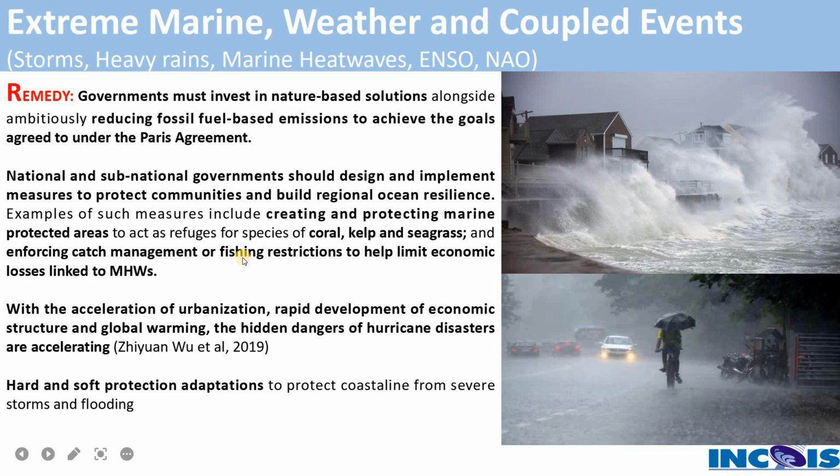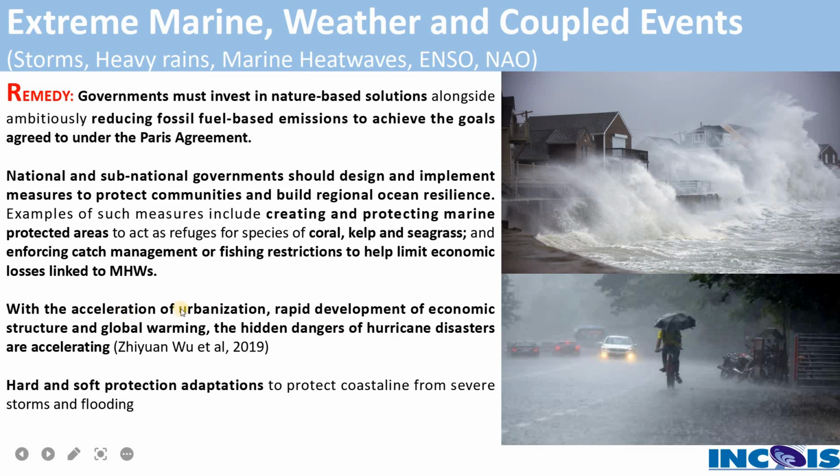And also enforcing catch management or fishing restrictions to help limit economic losses linked to marine heat wave effects, right? Another remedy that should follow: acceleration of urbanization, rapid development, economic structure, and global warming will hiddenly accelerate the dangers of hurricanes, right?